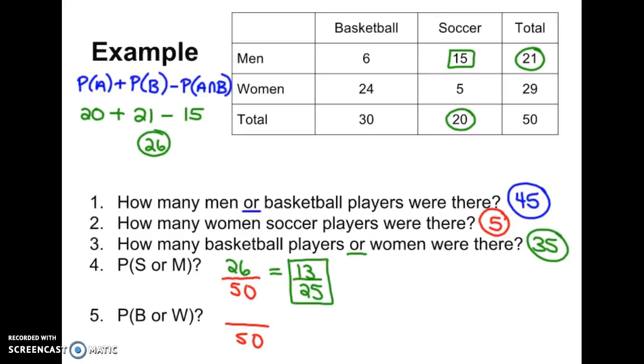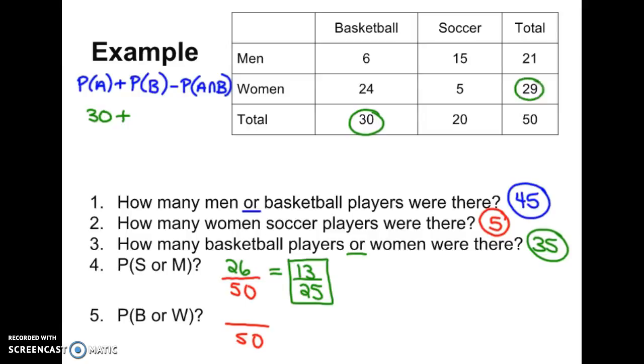13 over 25. Okay, the last one. The probability of somebody playing basketball or being a woman. Again, let me erase this. So how many people play basketball? Total number is 30. How many people are women? 29 that were surveyed.